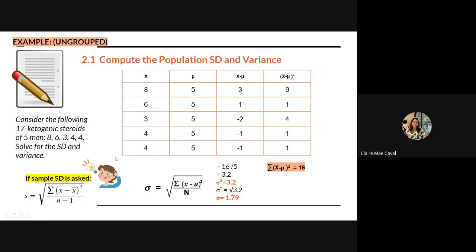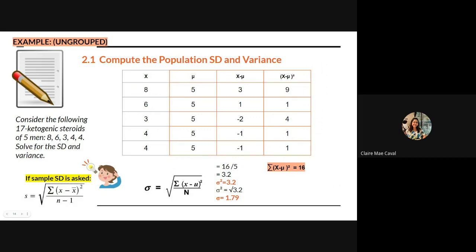This is what we solved. I don't have a step-by-step solution on the slide, but I will show you verbally. I hope you have a pen and a calculator with you so that you can follow. The numerator here is 16. This time, you just divide 16 by 4. Why 4? Because 5, the sample size, minus 1.